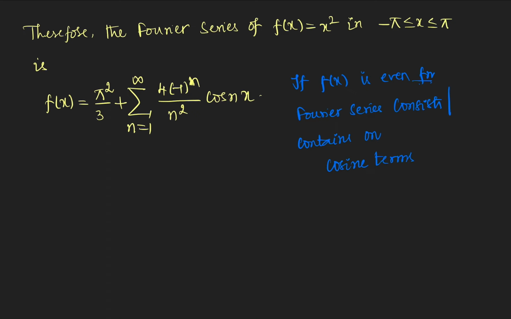So it consists only of cosine terms if the given function is an even function. Thank you.